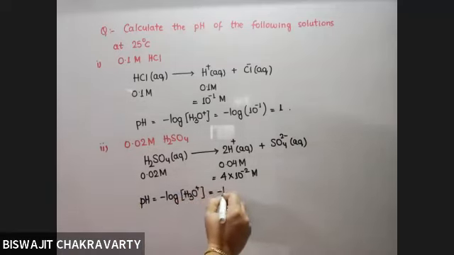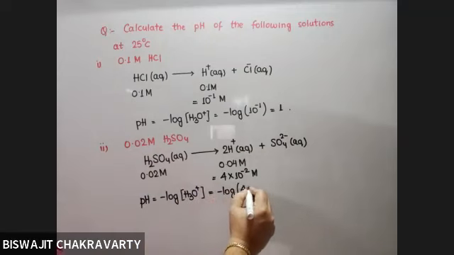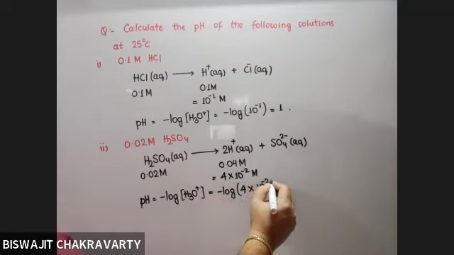So this will be minus log of 4 into 10 to the power minus 2.